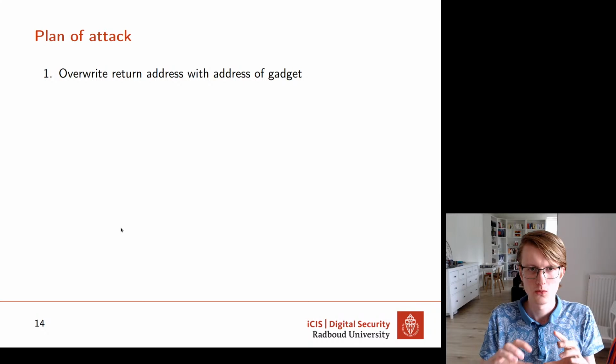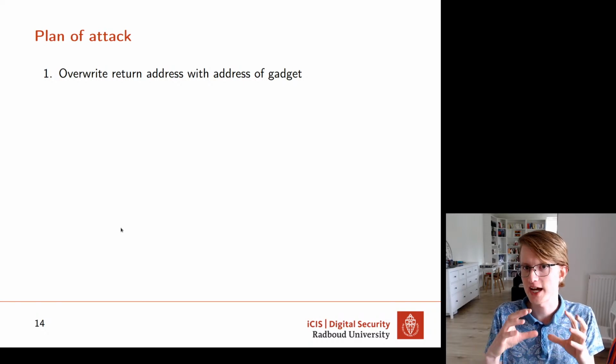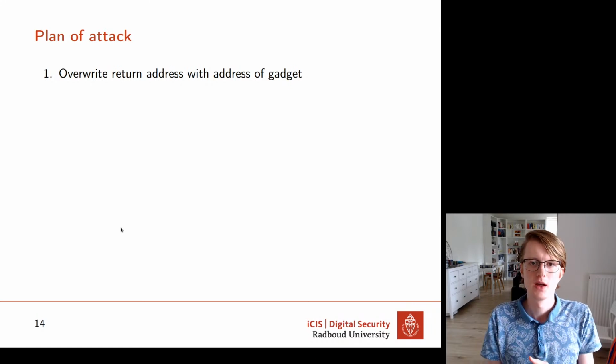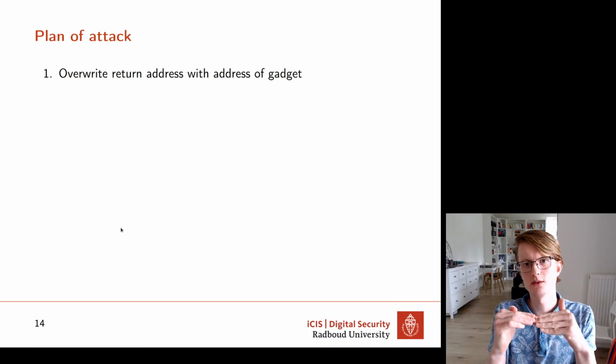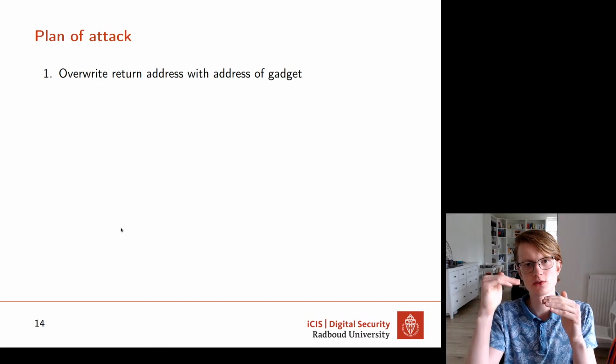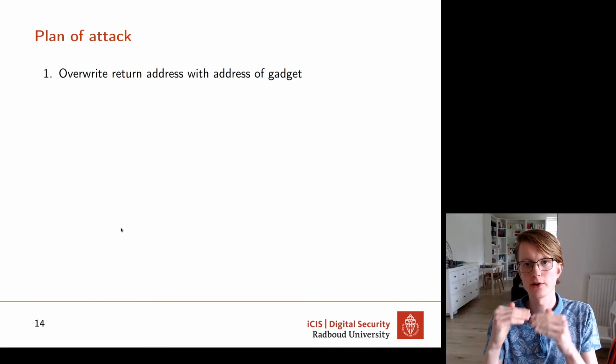So having found this gadget, we can attack something, and we can do that in the following way. We overwrite the return address with the address of the gadget. So that means that when the function we're in returns, it will go to the gadget. And remember, the stack has already popped off the current stack frame.